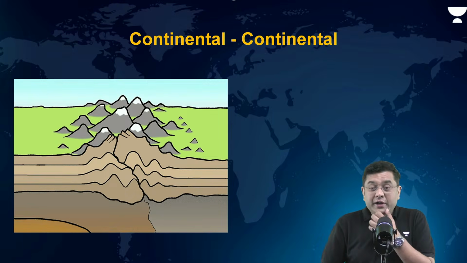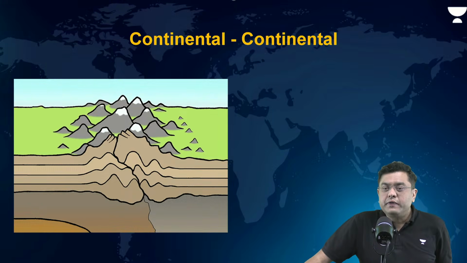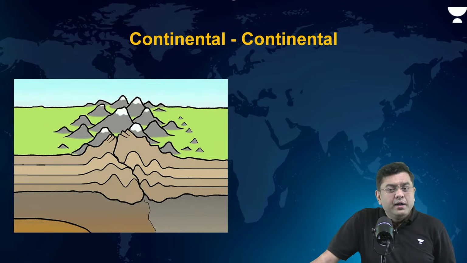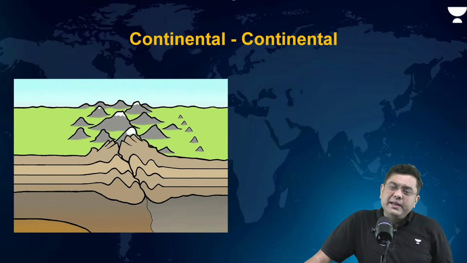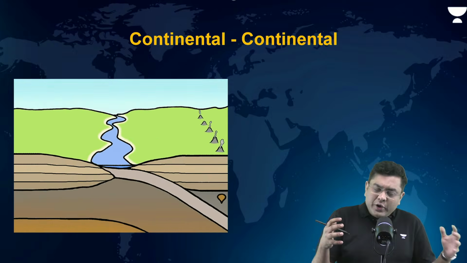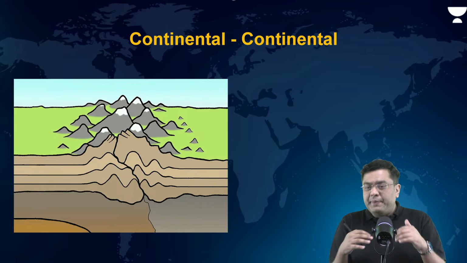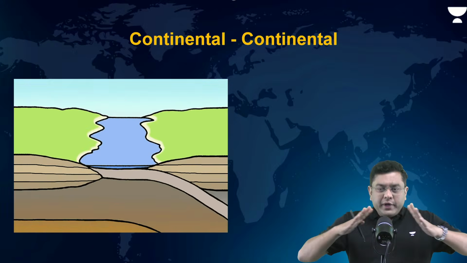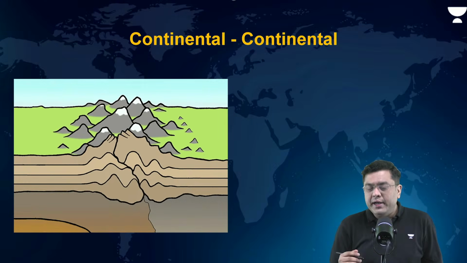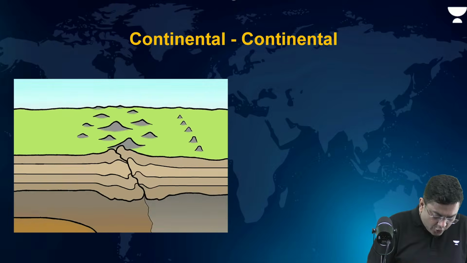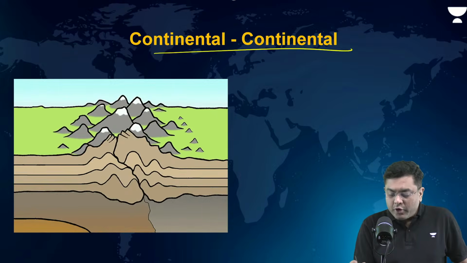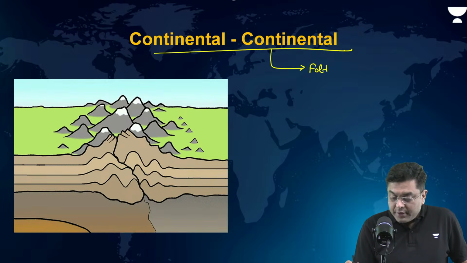Then you have continental convergence. Now, in continental convergence, both the crusts are light, no one is heavy, both are light. So, none of the crust actually undergoes subduction. Both of them collide, and that is where they start getting folded. So that is why continental convergence has always led to the formation of fold mountains.